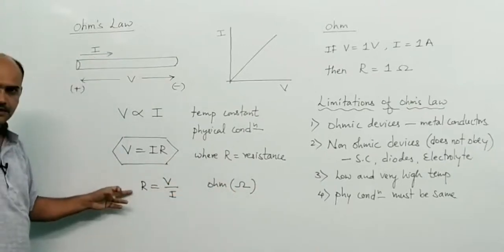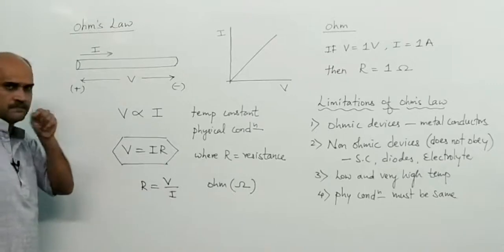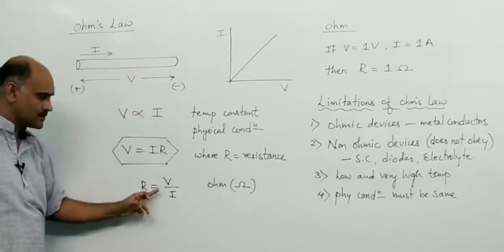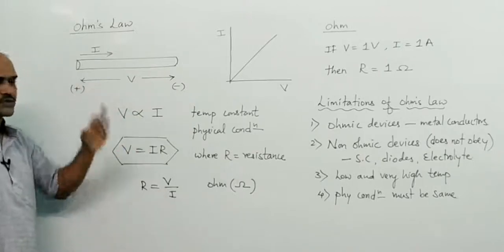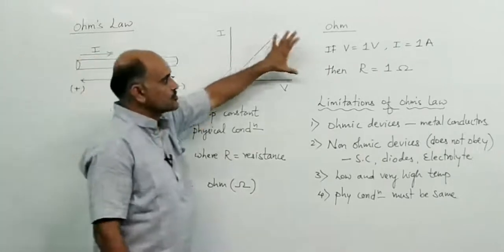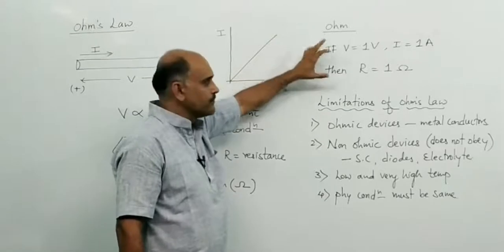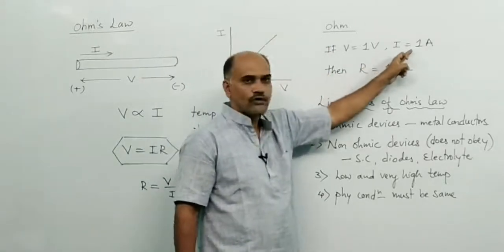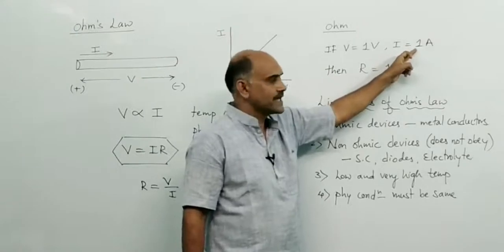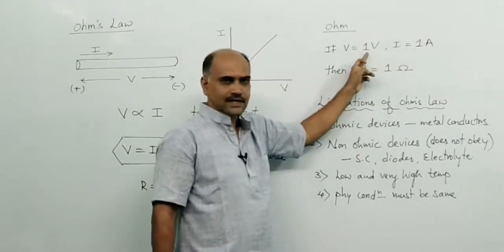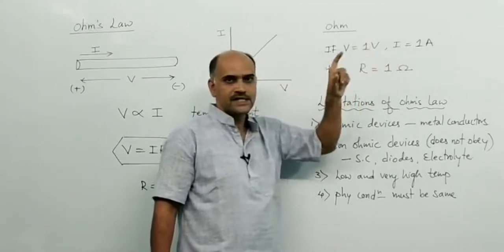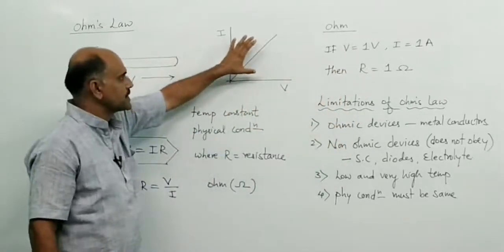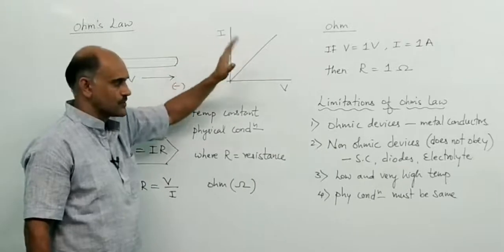Resistance is nothing but ratio of potential difference between ends of conductor to the current flowing through the conductor. So how do you define ohm? It is resistance offered to the flow of current of 1 ampere through a conductor having a potential difference of 1 volt. Then the graphical representation of Ohm's law.